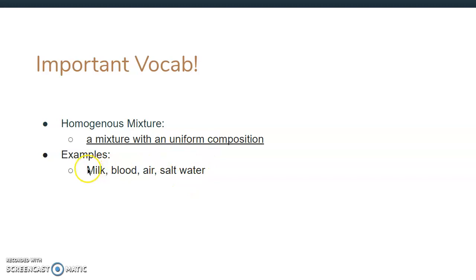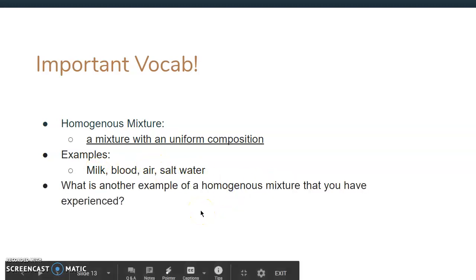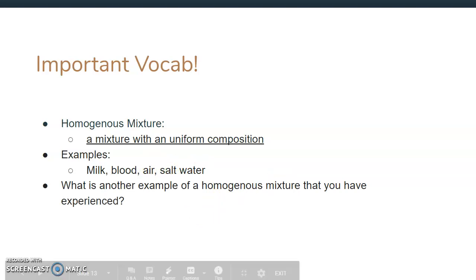If I took a sample from the top of the milk carton to the bottom, assuming it's all mixed well, then it would look the same. Also the same with salt water or blood or air. So thinking of our definition, can you think of any other examples of homogeneous mixtures that you have experienced?